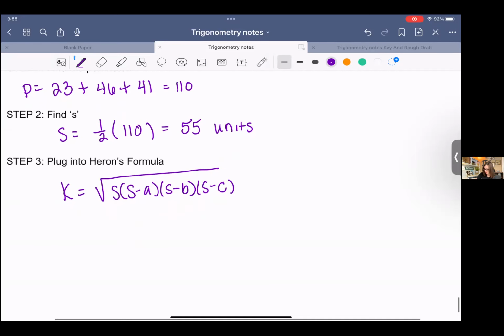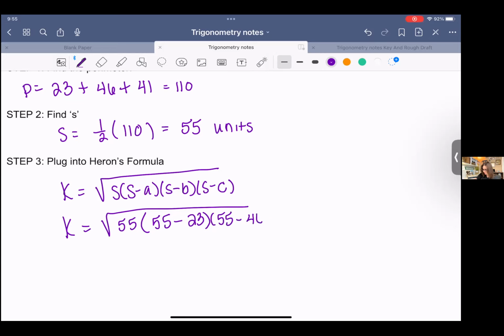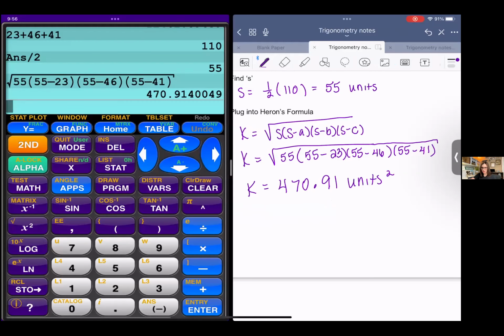K equals the square root of S, which is 55, times 55 minus the first side, times 55 minus the second side, times 55 minus the third side. Extend that square root, and then we can just type that in. When you type that in, you should get 470.9, or 0.91, depending on rounding, units squared. Remember, we're talking about area, so it's squared.